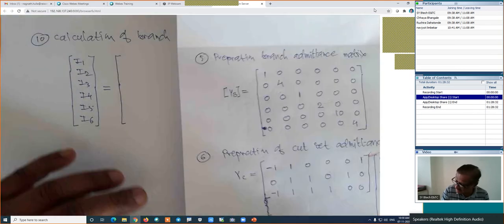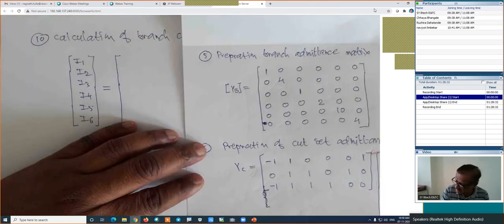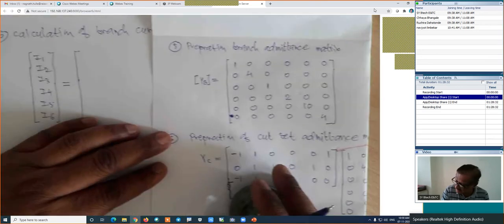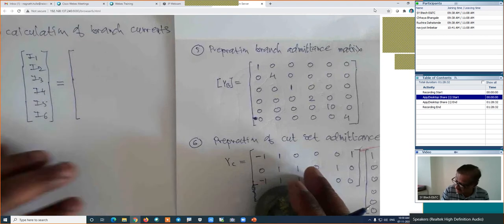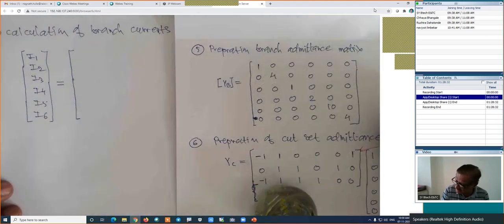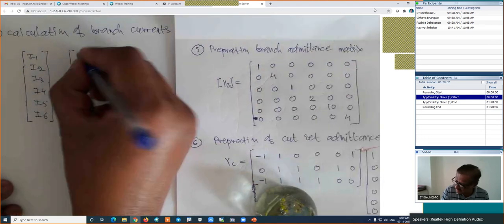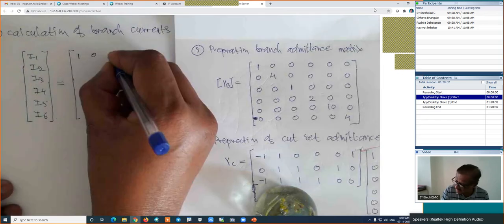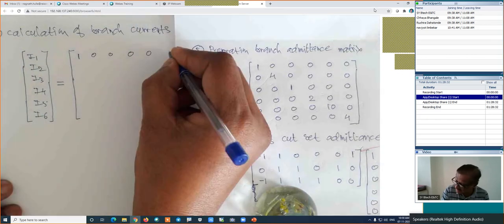Its values will be something like this. Here the rows and columns are 1, 2, 3, 4, 5, 6.